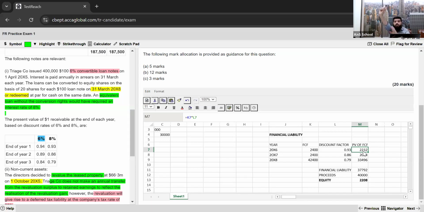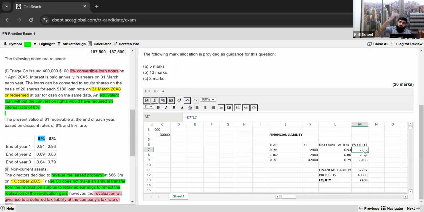So at the end of year 1, you will pay 2400. At the end of year 2, you will pay 2400. At the end of year 3, you will pay the 40,000 that you have invested, and 2400, that is the interest amount or the coupon amount. So total cash flow at the end of year 3 would be 42,400, and then we have to calculate the present value.